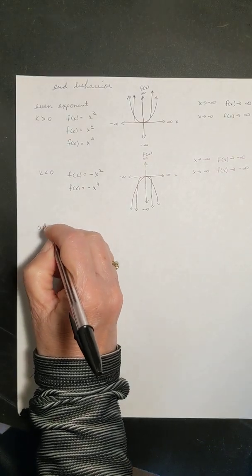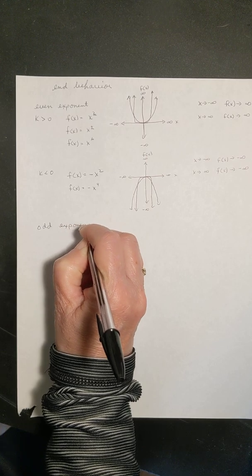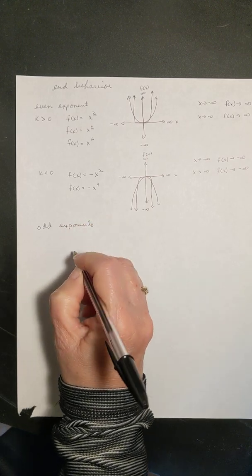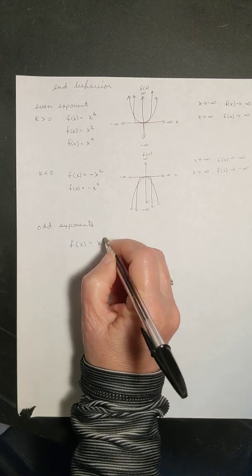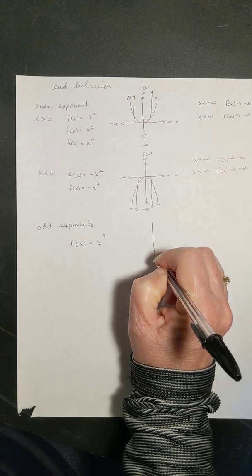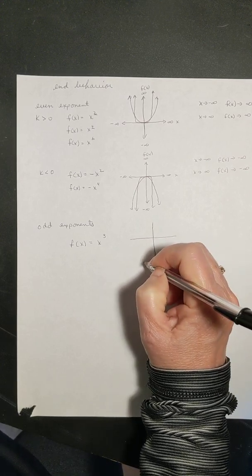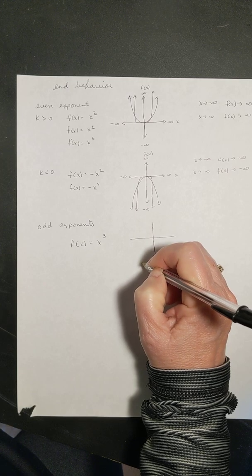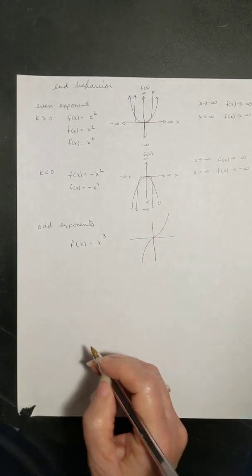Now, when we looked at odd exponents, if I looked at f of x is equal to x cubed, well, we already saw that. This is a snake-looking thing. So it kind of looks like this. Right?